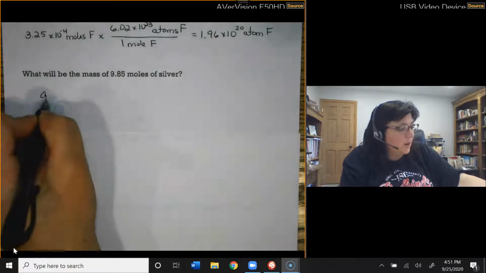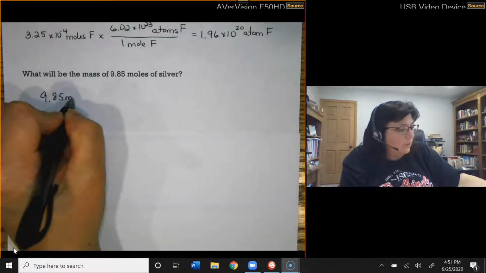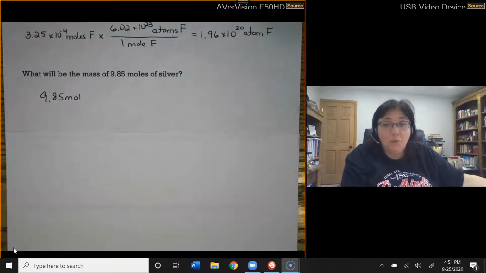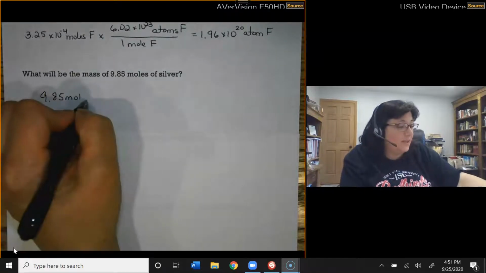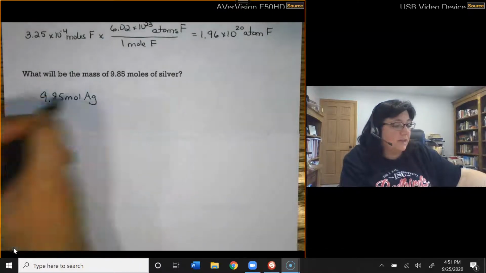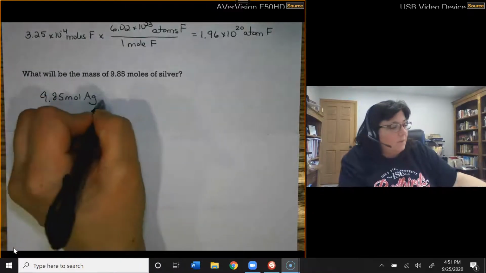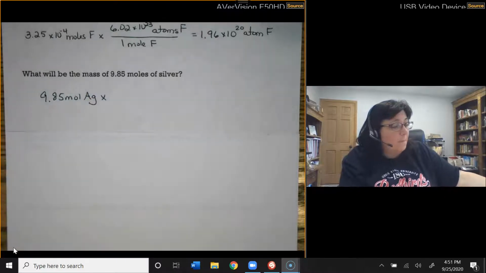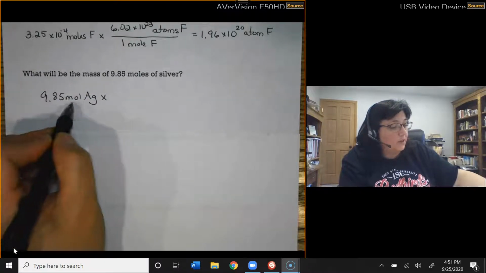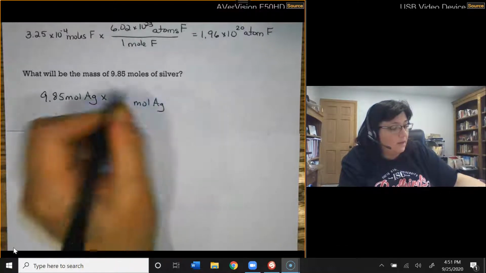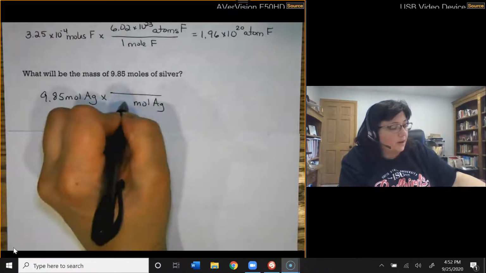So I'm going to set up the problem 9.85 moles. Now, if you want to abbreviate the word mole, they let you pull the E off. So lucky you, saves you a lot of time if you write MOL instead of MOLE. So moles is what I need to get rid of, which means moles needs to go in my denominator on my conversion factor.